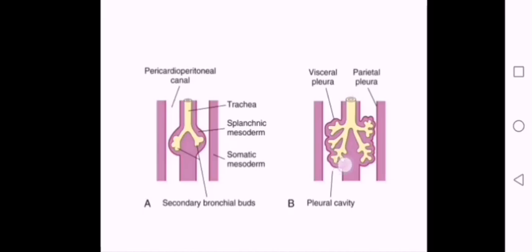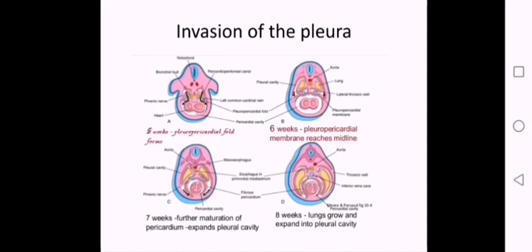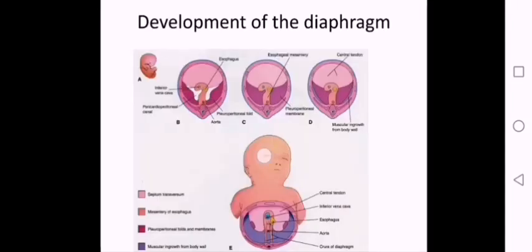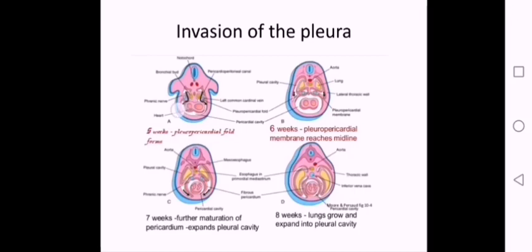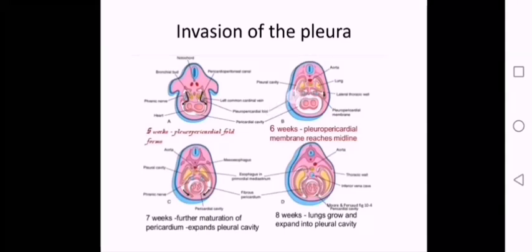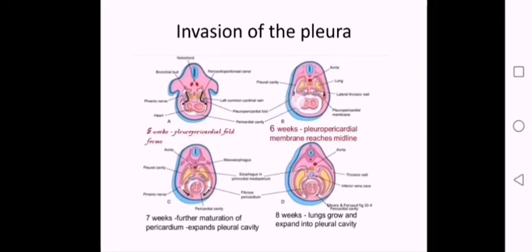With expansion of the lungs, the pleural cavities grow caudally into the mesenchyme of the body wall, and soon will lie close to the heart. Again, these are the bronchial buds invading the pericardio-pleural canal, and they enlarge and become ventral to the heart.